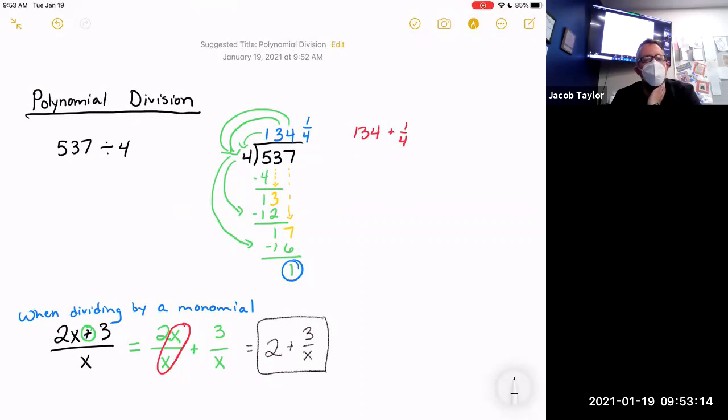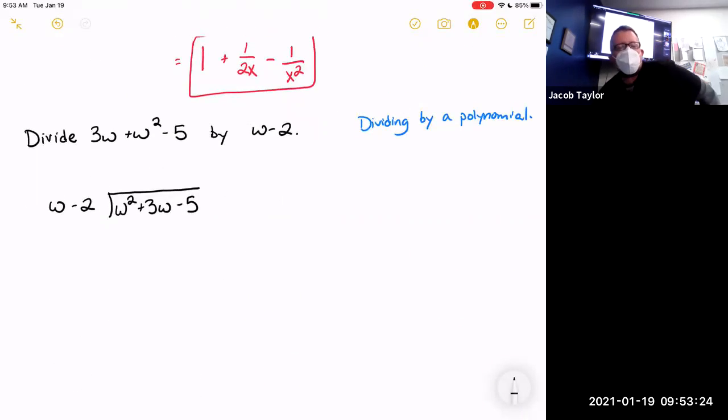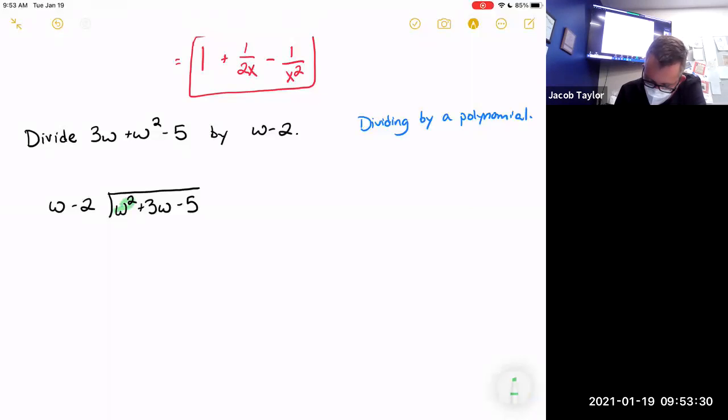old school plain number division problem was, what is 5 divided by 4? The answer was 1. Down here, we're going to ask ourselves the same question, except just about the w's. So question number 1 is going to be, what is w squared divided by w?